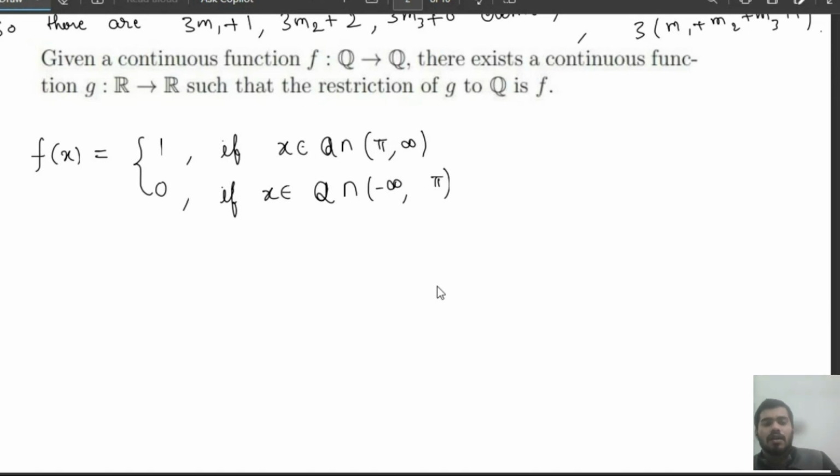Is it continuous on Q? Is it a continuous function on Q? Tell me.